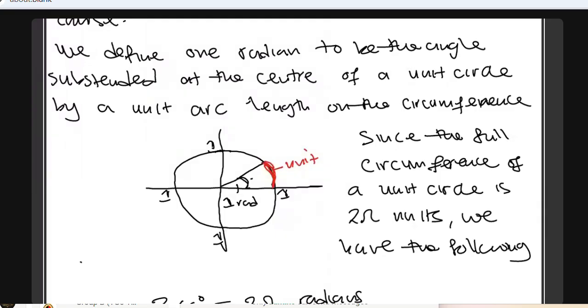So this relationship can help us to juggle between degrees and radians. This relationship that we've put here. Okay.